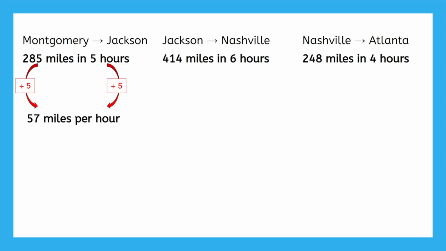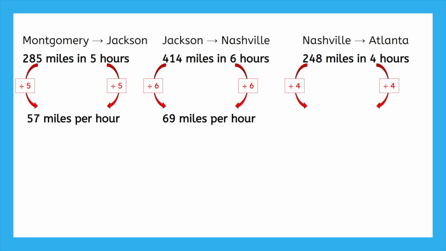For Jackson to Nashville, we divide 414 miles and 6 hours by 6 to get a unit rate of 69 miles per hour. For Nashville to Atlanta, we divide 248 miles and 4 hours by 4 to get a unit rate of 62 miles per hour.